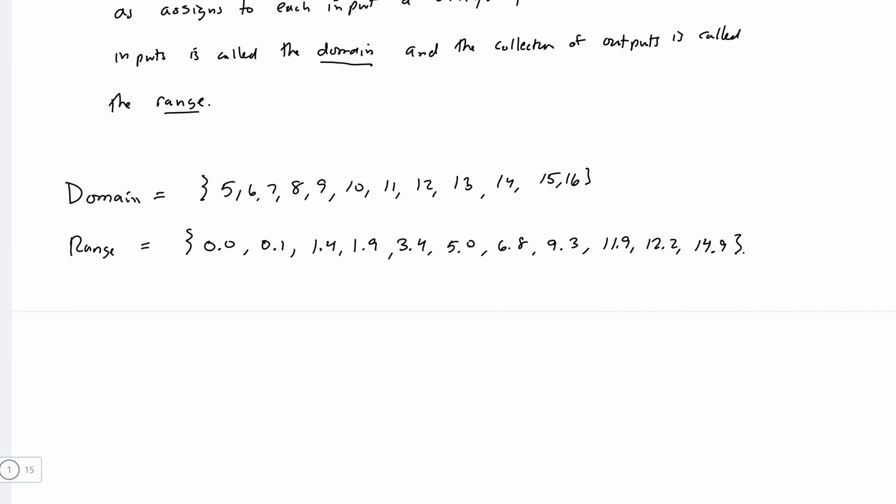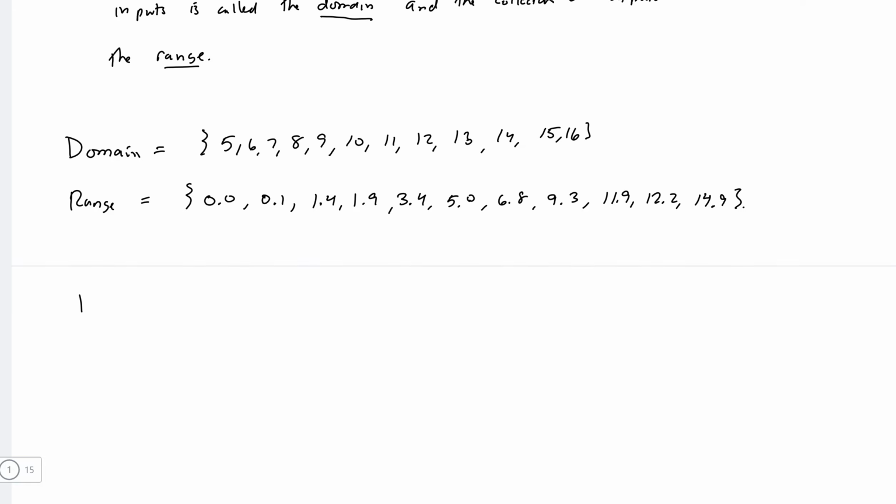One other thing to keep in mind, though, is even though we have each input gives a unique output, we don't necessarily have that each output is only associated to one input. So note here that we can have the same output for different inputs.